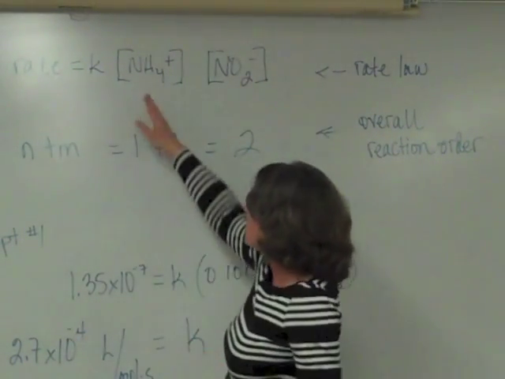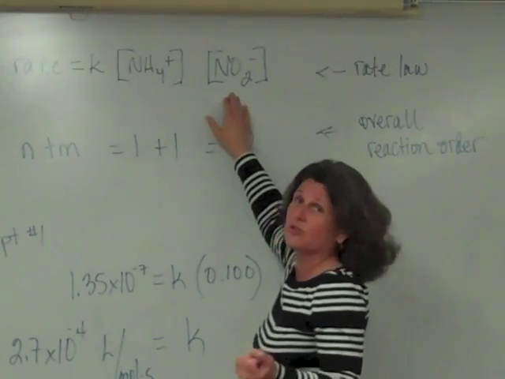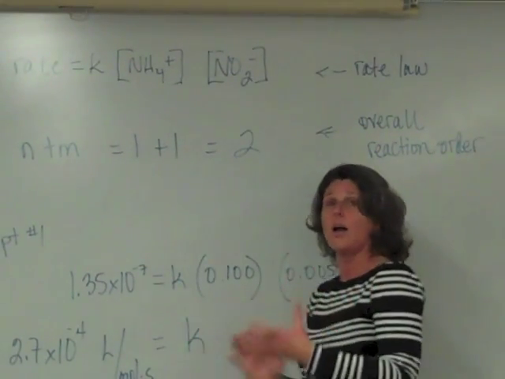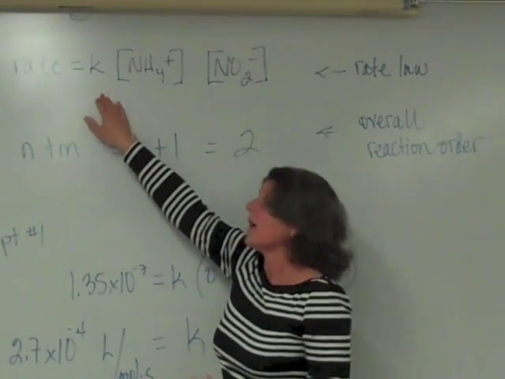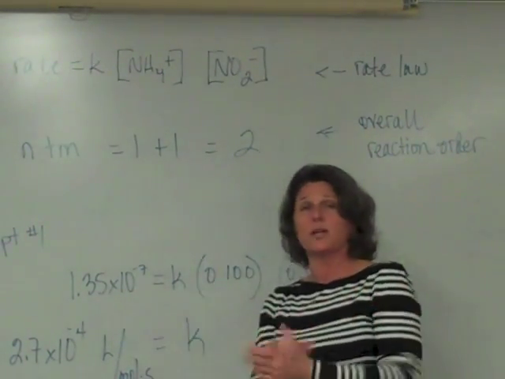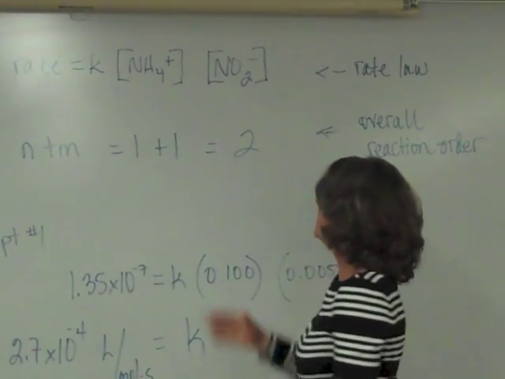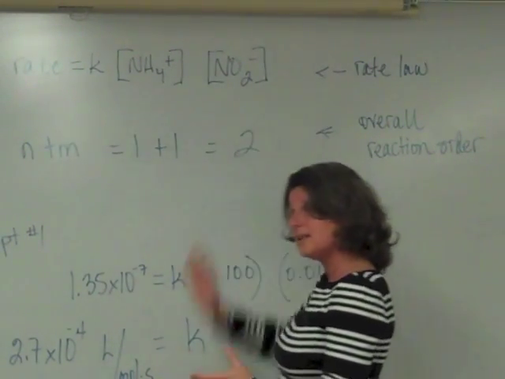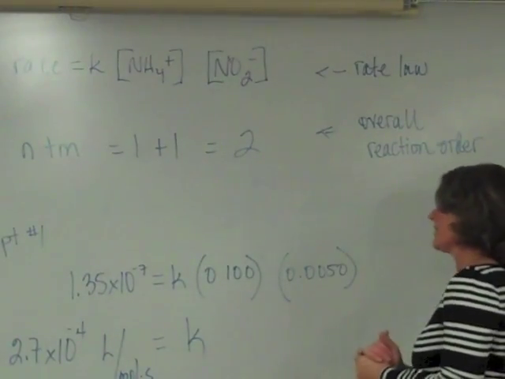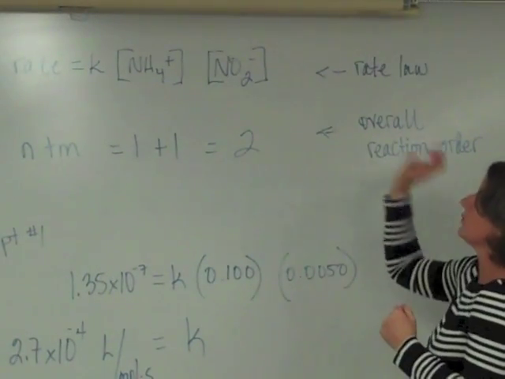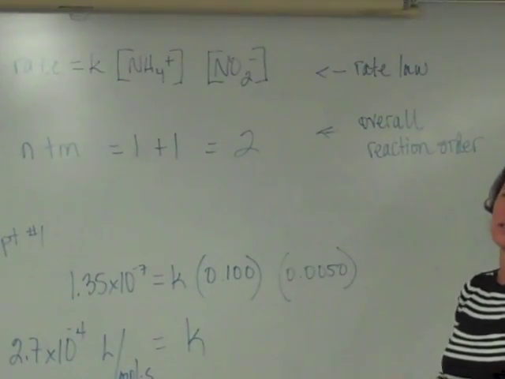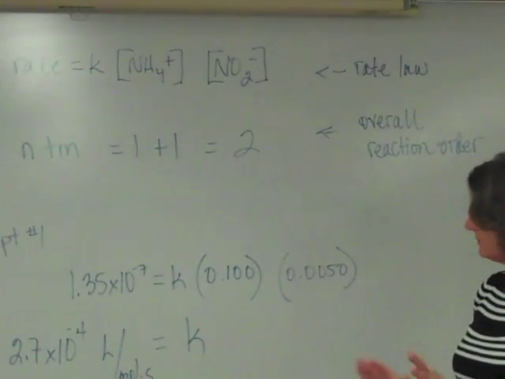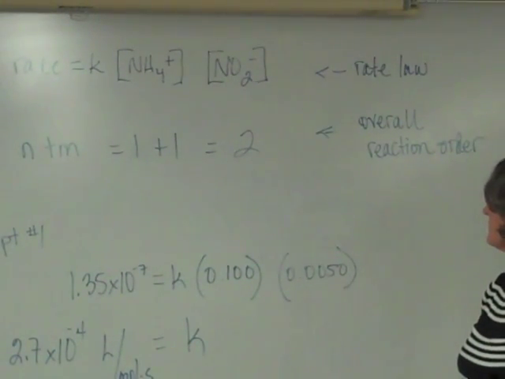Or if I have this concentration of ammonium and this concentration of nitrite, whatever those hypothetical values are, and we know the value of k, then we know what the rate of the reaction is going to be. So the rate law is handy, right, because we can do all kinds of predictions once we get the rate law written. And the rate law also tells us very interesting things about how the reaction proceeds, but we'll get there eventually. Not yet. Okay, that's all.